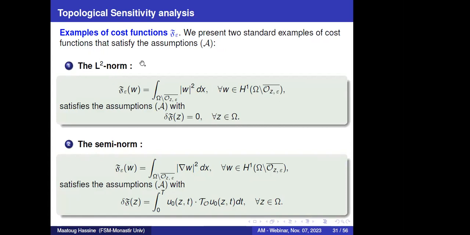For this example, we prove that this function satisfies the considered assumption with delta F equal to 0. However, for the seminorm function, we will prove that this function satisfies the assumption, but for a variation defined by this expression.